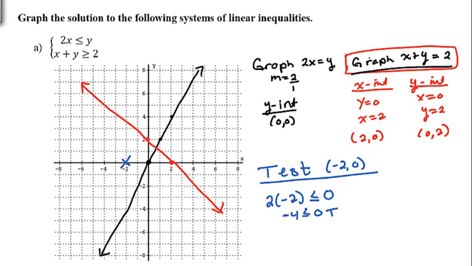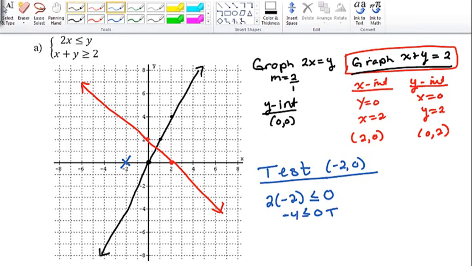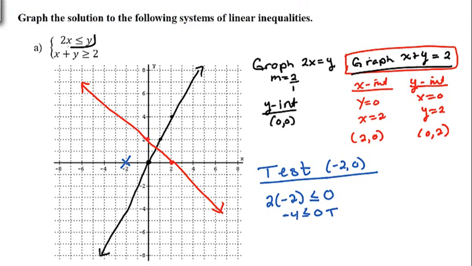So for the black line, this was the line that we graphed in black, and we graphed this one in red. We just did the test on the black line, and we got a true statement. So we want to shade the same side of the line as where the x is for the black line.